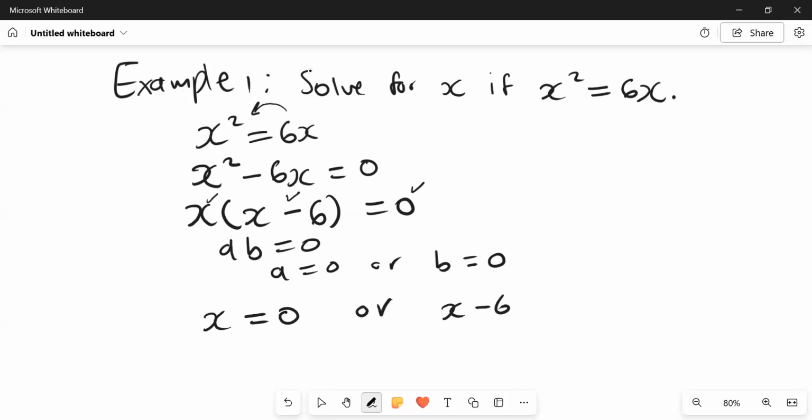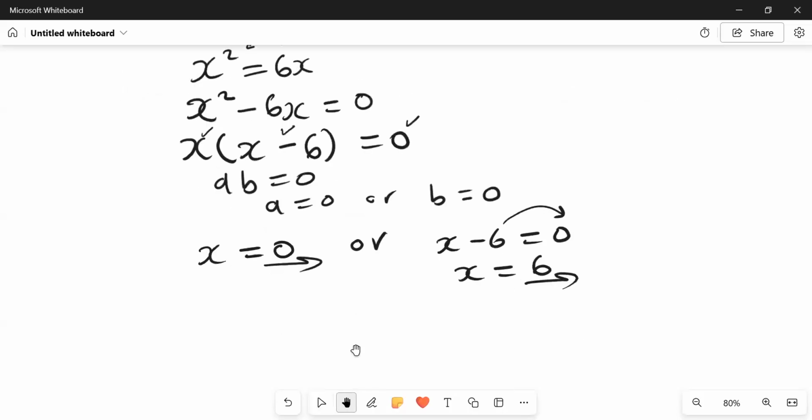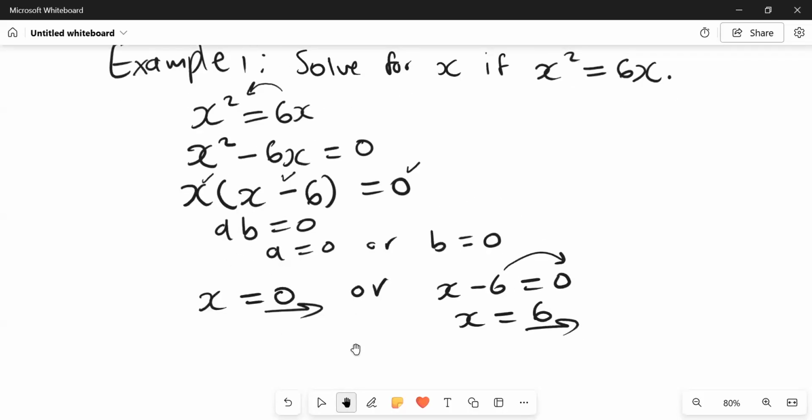Now x is equals to 6 when you transpose this to the right-hand side. And then you've solved for your equation. Now we have two solutions because this is a quadratic equation, unlike a linear equation where we expect one solution.